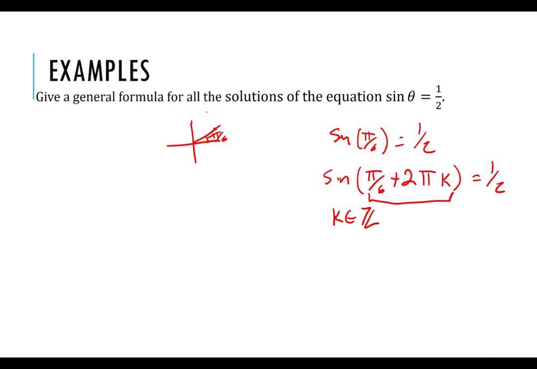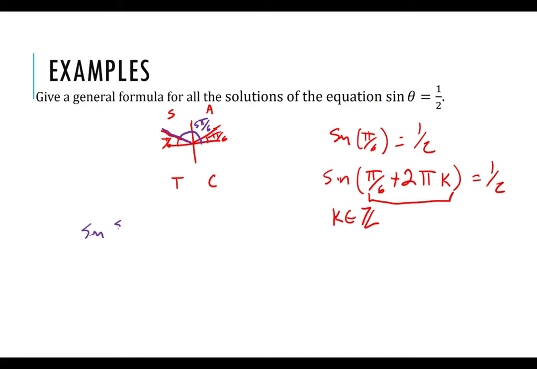Well, of course it's useful to then remember that All Students Take Classes. And so sine being positive in the first and second quadrant, there's this other side over here that has a reference angle of pi sixth. But we found that value, remember, to be specifically the angle rotation of 5 pi sixths. And so 5 pi sixths is also going to be a solution.